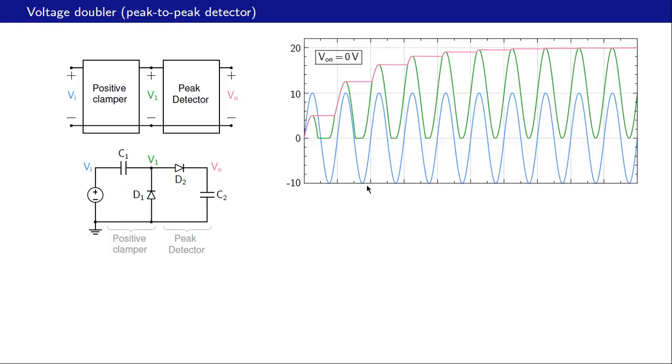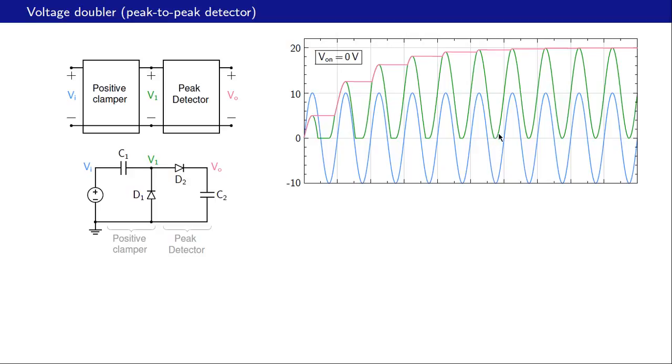Here are the waveforms, for the case where V on for the diodes is 0 volts, that is, we have ideal diodes. The blue curve is the input voltage. The green curve is V1, that's also color coded, so that's blue, that's green, and the output voltage is in the pink color. And as we have seen before, V1 is just a level shifted version of Vi, and it's clamped at 0 volts.